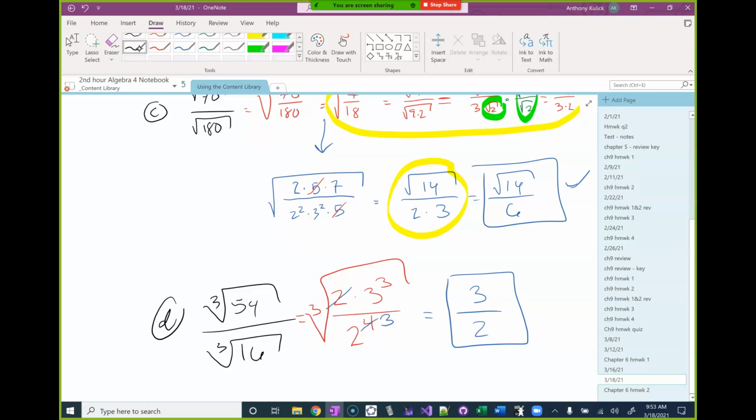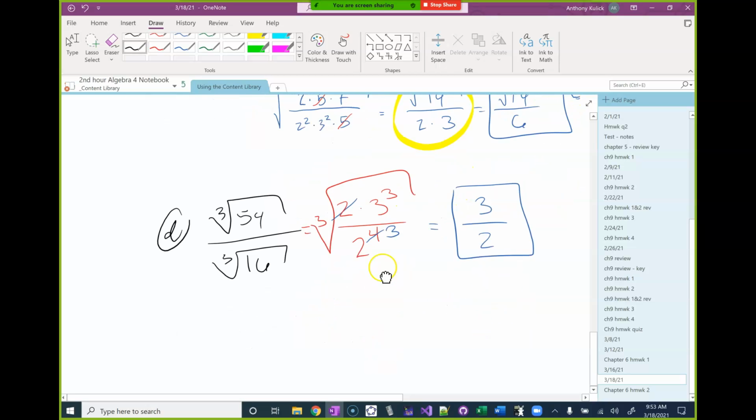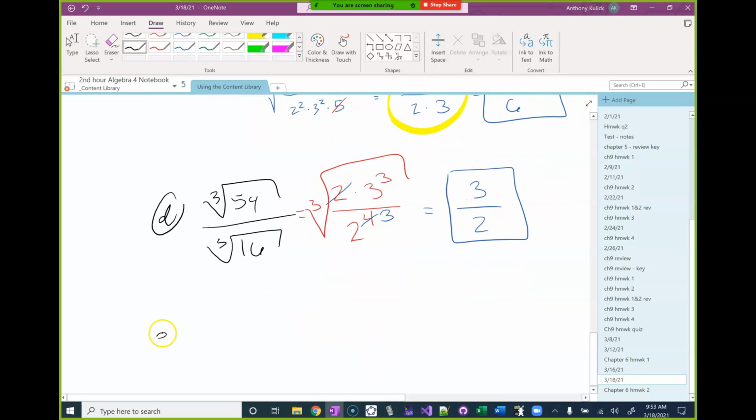Let's say that we have cube root 81 over cube root 4.